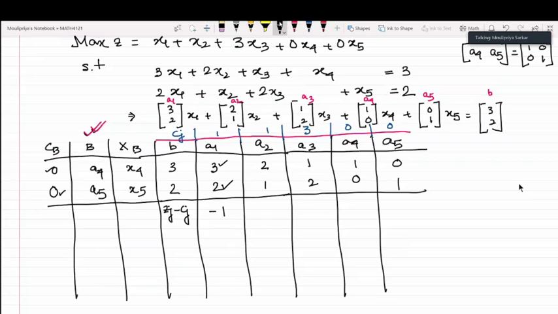For A2, what is Zj minus Cj? Do we get minus 1 again? Yes, ma'am. -1, -1, -3, 0, 0.